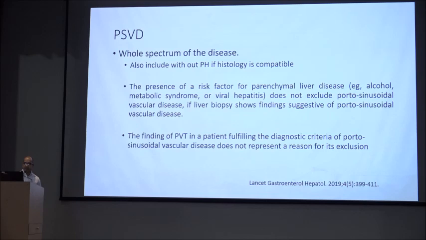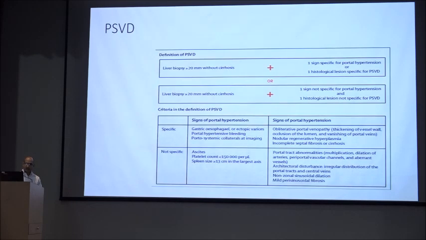So purely this is based on the histology, and this was discussed in the previous lecture by Satyendra, a month ago. I will not go into the detail. The liver biopsy is mandatory for the diagnosis, and it should have the absence of cirrhosis plus one sign specific to portal hypertension and one histological lesion specific to PSVD.